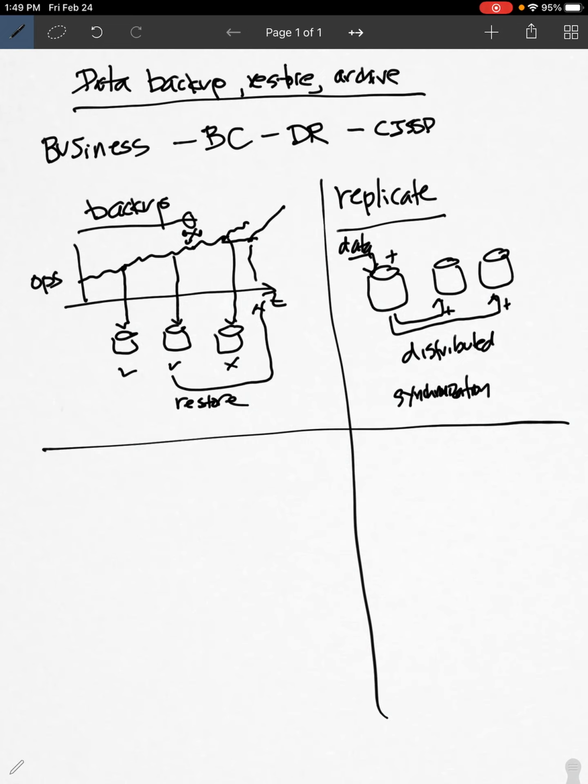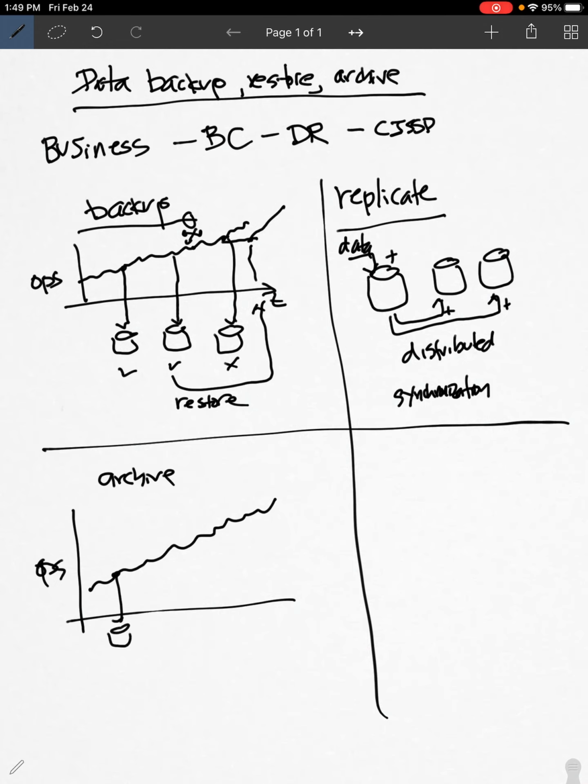All right. And then another concept from the data management is called archive. So in our example above, we have daily operations of data and it's continuing growing over time. And so you take a snapshot, do a backup, do a backup, and so forth.